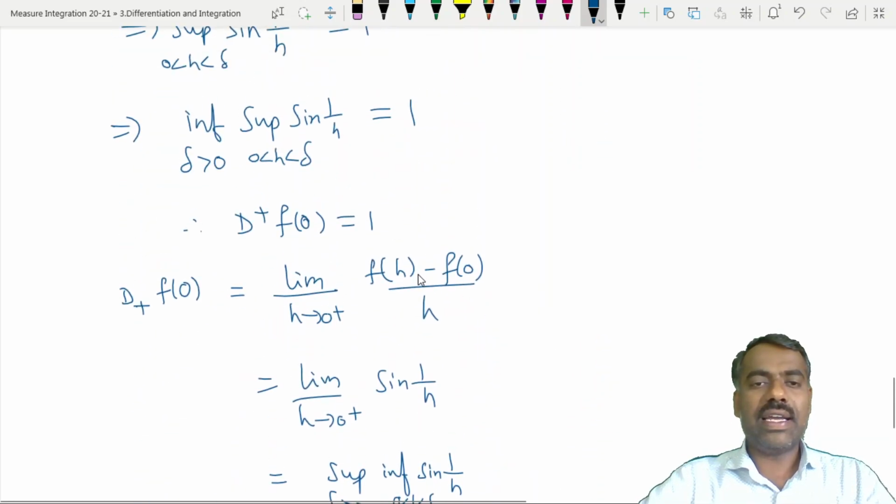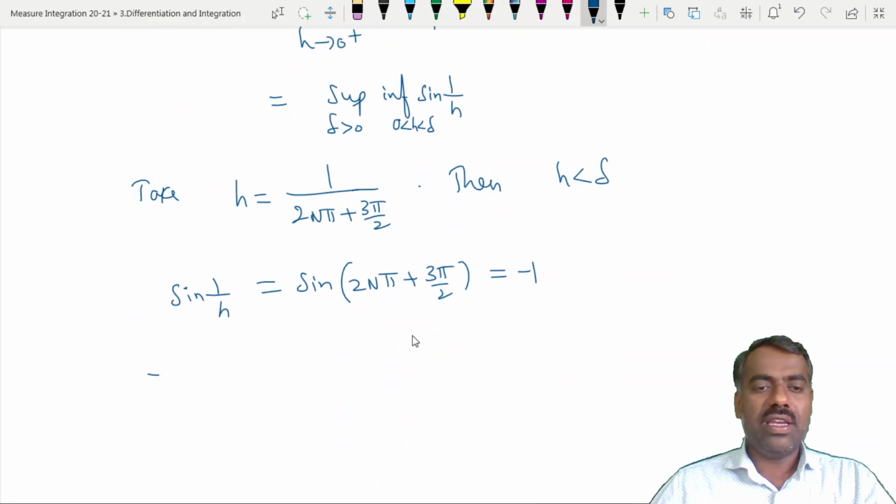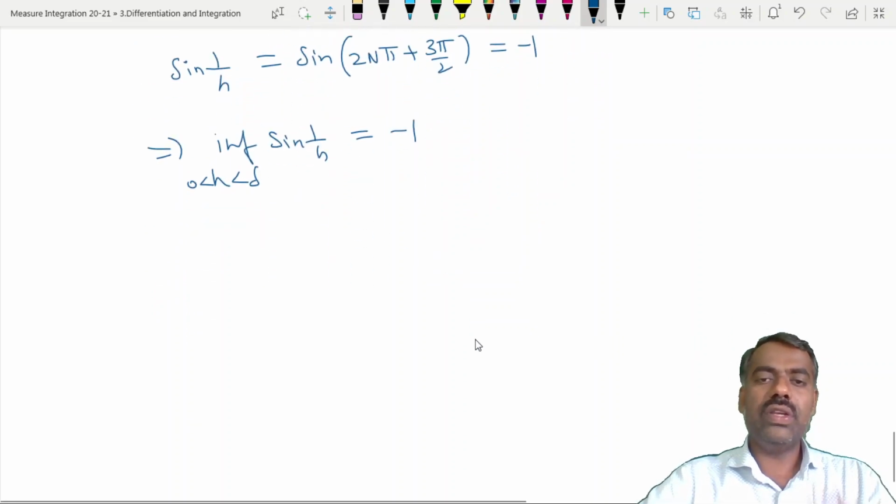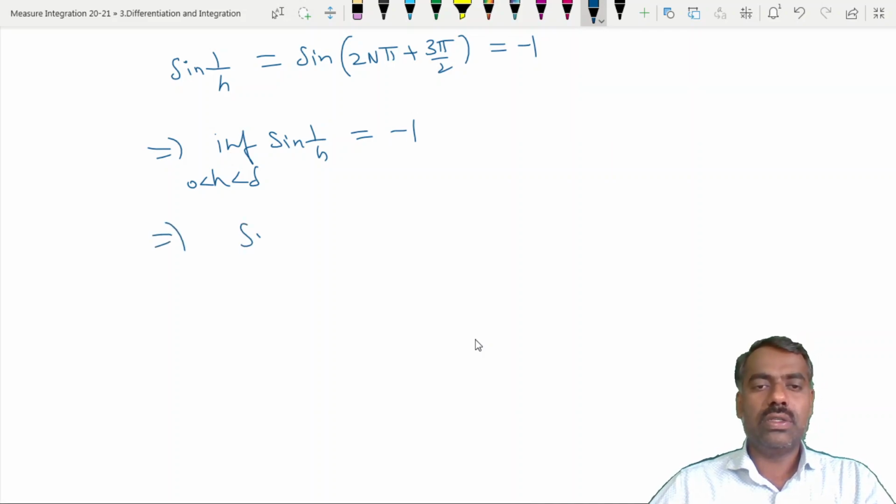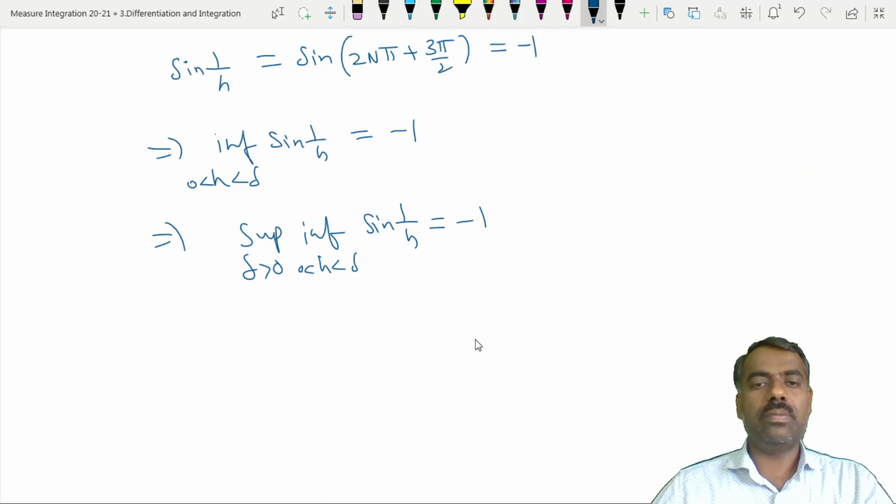So for every delta greater than 0, the infimum of sine 1 by h, where h is less than delta, is minus 1. Then when you take the supremum over that, the supremum over delta greater than 0 of the infimum of sine 1 by h, where h is less than delta, is also minus 1.